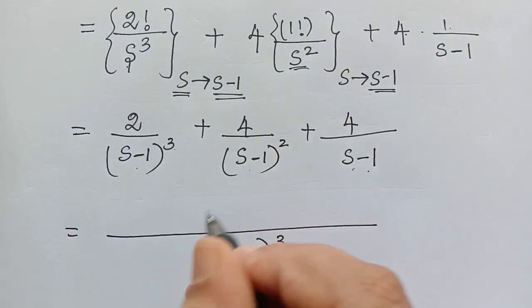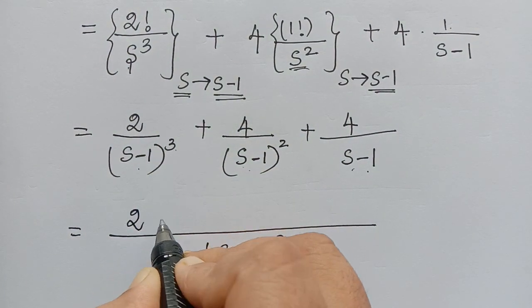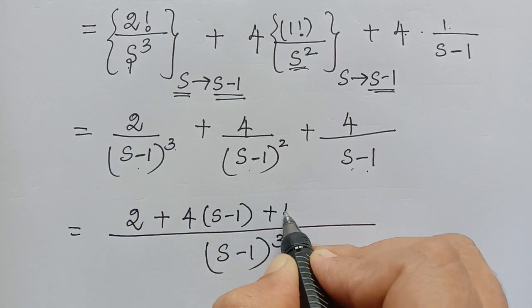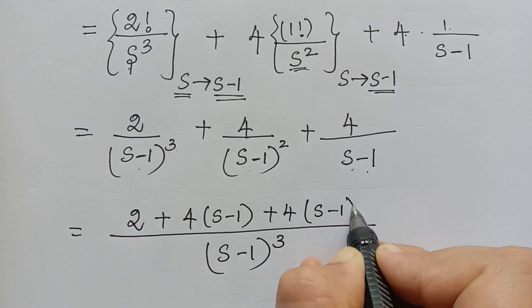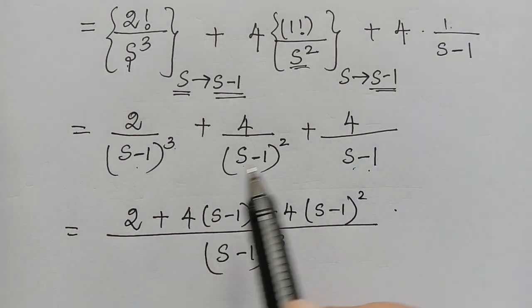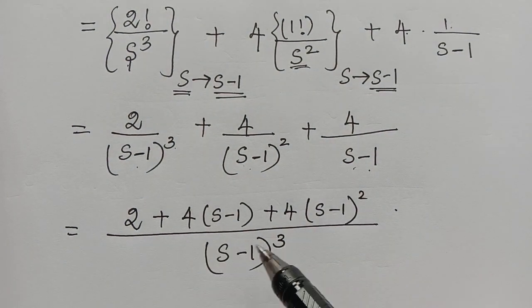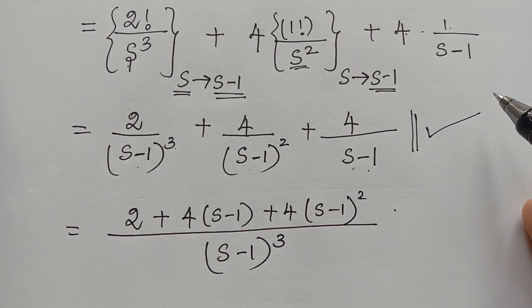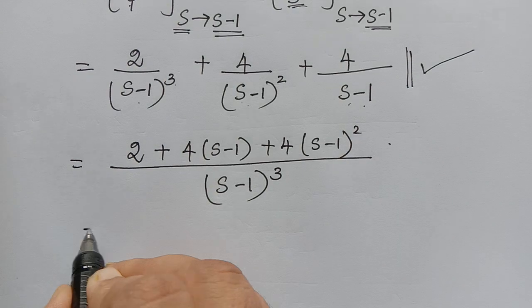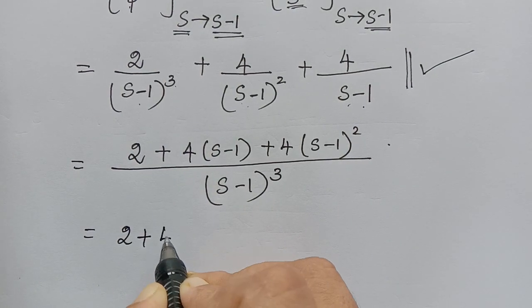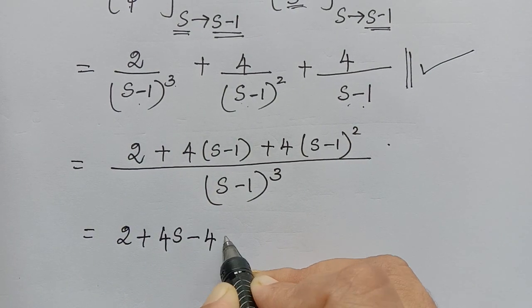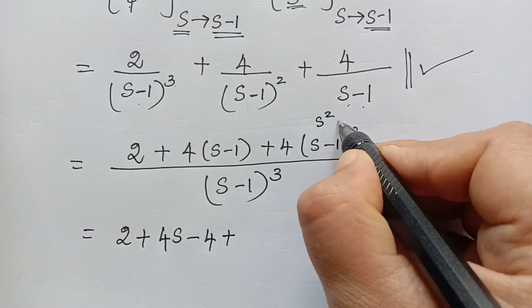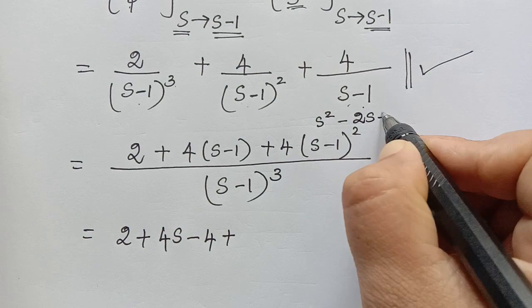And when we multiply this, it will be 2 plus 4 multiplied with (s minus 1) plus 4 multiplied with (s minus 1) the whole square. You can either take the LCM and simplify this, or you can leave the answer with this step itself. So when we simplify this, it will be 2 plus 4s minus 4 plus, here (s minus 1) the whole square will be s square minus 2s plus 1.